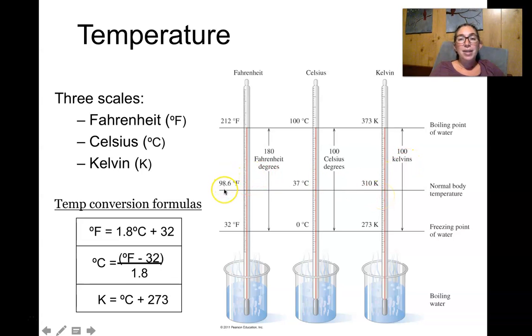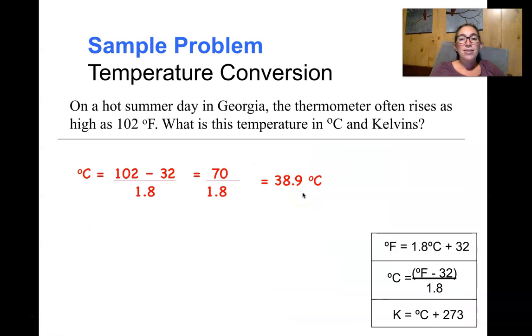Normal body temperature, most people already know, is 98.6 degrees Fahrenheit, which is 37 degrees Celsius. So if you get an answer here that 102 degrees Fahrenheit is 38.9 degrees Celsius, that pans out, because that's pretty close to body temperature, 98.6 and 37 degrees Celsius.